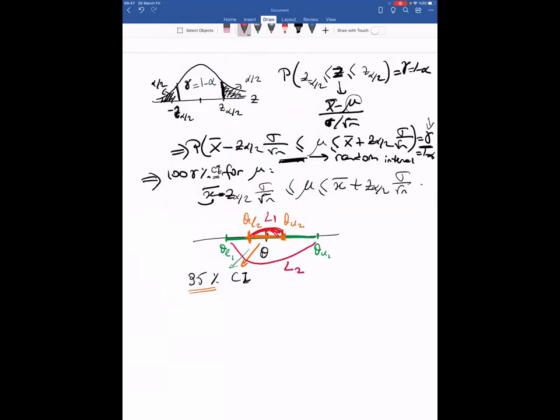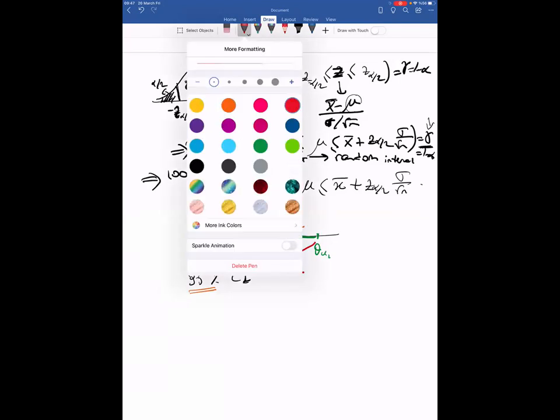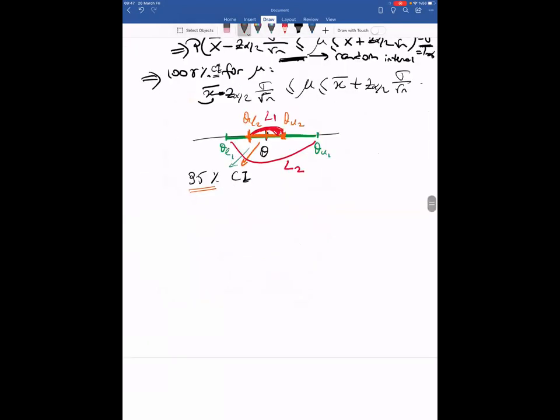We prefer an interval having the lowest length. So a 95% confidence interval for theta can be obtained by theta L1 and theta U1 with length L1.